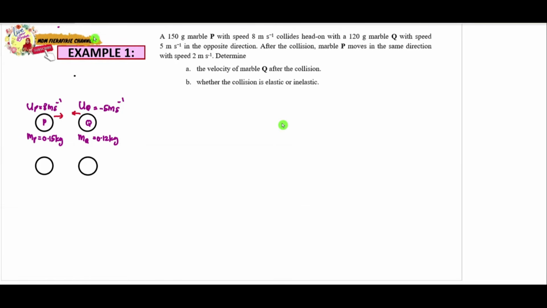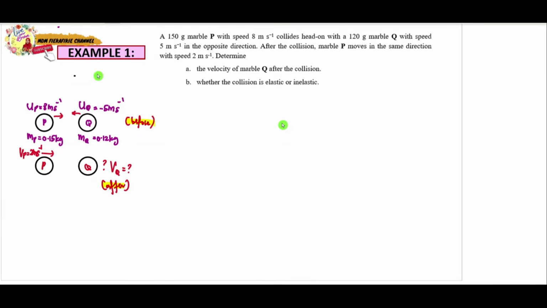So let's sketch first. So after collision, P still move to the right and the speed of P is VP equal to 2 meter per second. Okay, and Q, kita tak tahu Q, so kita akan ada VQ. Okay, so now this is before collision and this is after collision.